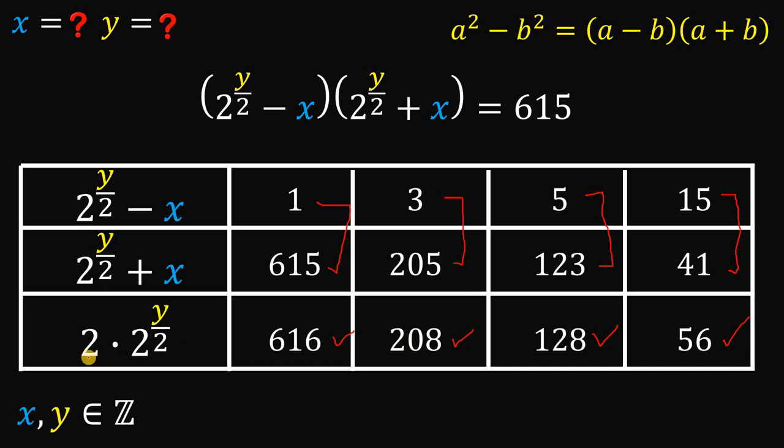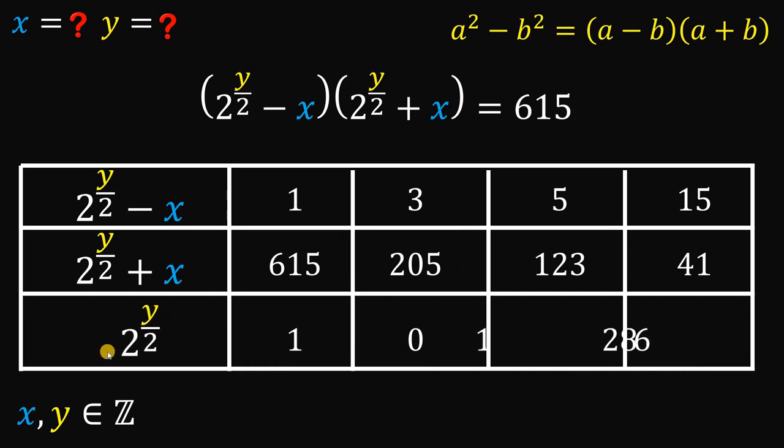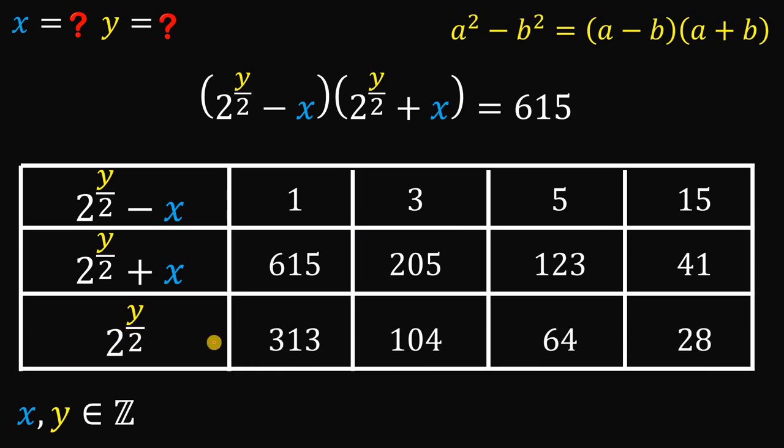Now, we have a lot of factors of 2. So these are all multiples of 2, and we can divide all of these numbers by 2. This will give us 2 raised to the power of y over 2 must be equal to 308, 104, 64, and 28.